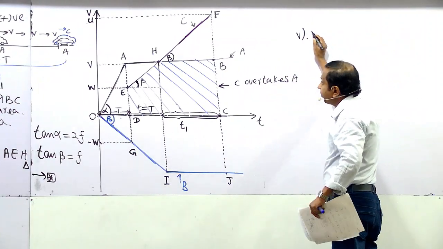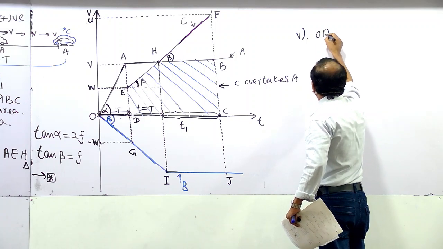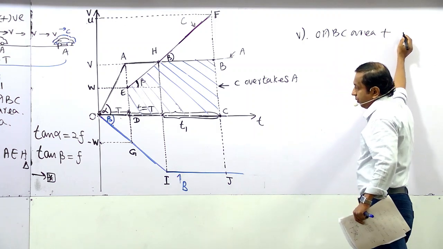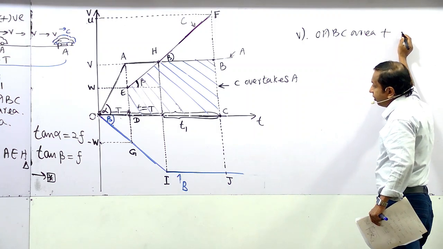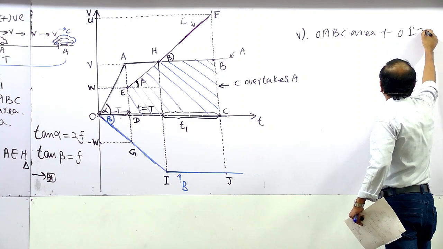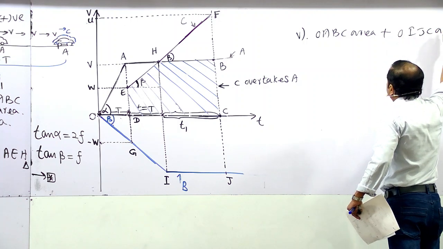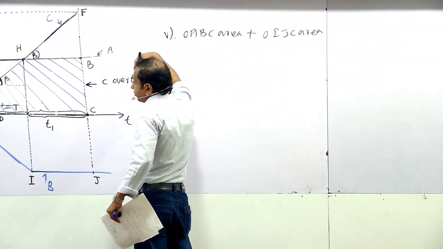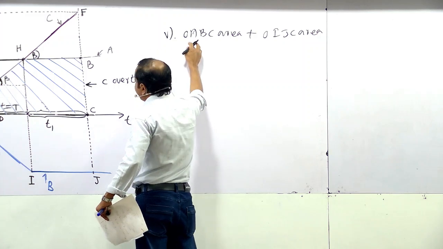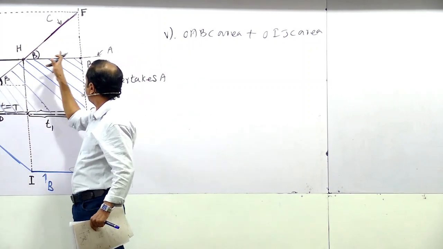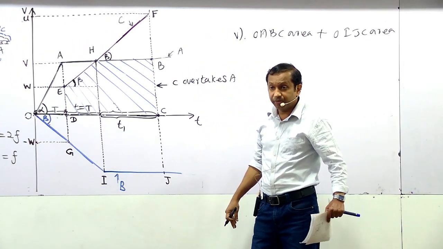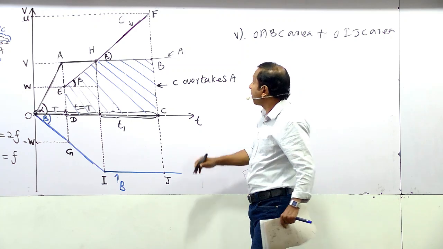Number 5. What is that? OABC area plus OIJC area. Right. Now find this area. People, what is this OABC area? It's a trapezium. What is the area of a trapezium?